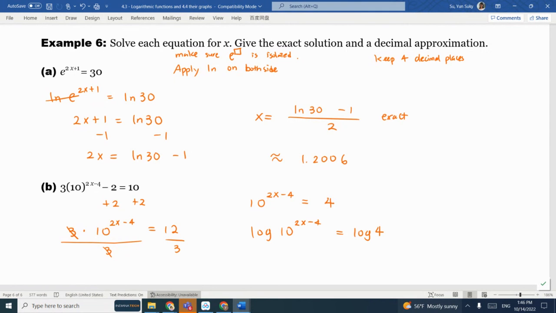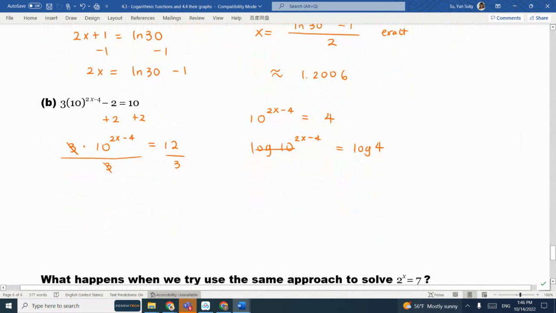Is that okay, everybody? Yes. So log and 10, now they are inverse functions. So we can cancel. We get 2x minus 4 equals log 4. How do you solve for x? Add 4.